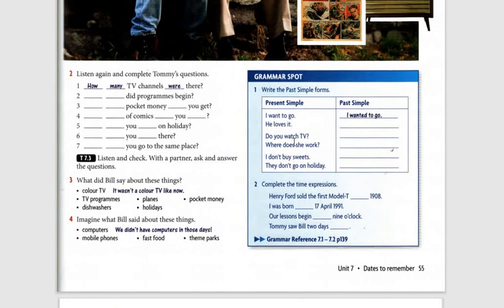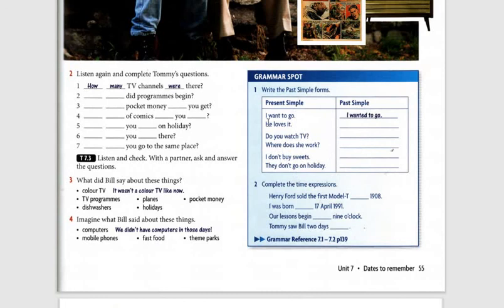In the grammar spot, write past simple forms. We have two columns, present simple and past simple. In the column of present simple, we have examples in the present simple tense, and we have to rewrite them in the past simple tense, and try to make the change and correct the verbs according to the past simple.